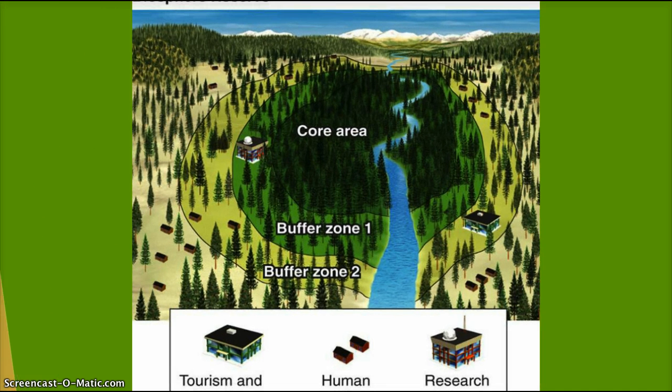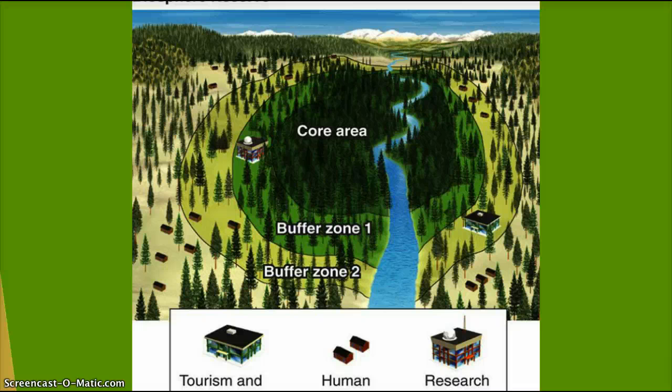Here's an example of what it looks like, and this is from your textbook. So you have your core area in the middle that's undisturbed. It's natural. It allows for the ecosystem to thrive. And then you have the buffer zone around it that is really just for research or maybe some natural resource extraction. So you don't have as many people coming into that area, and it protects that center or core area.